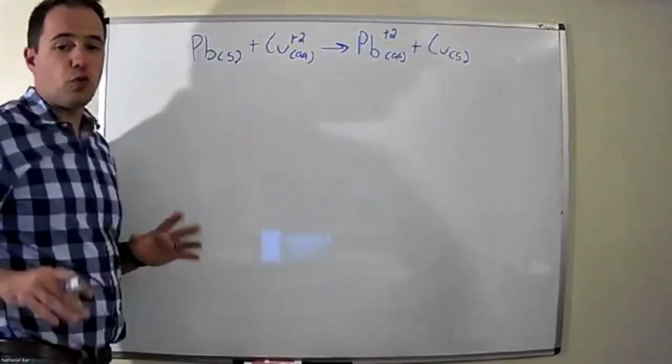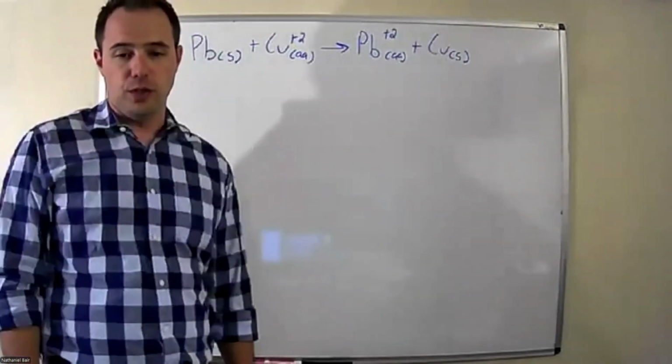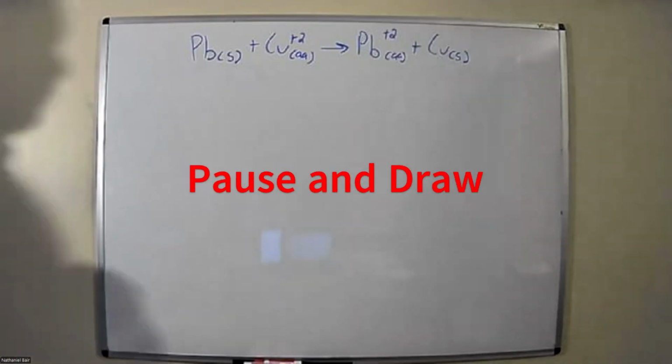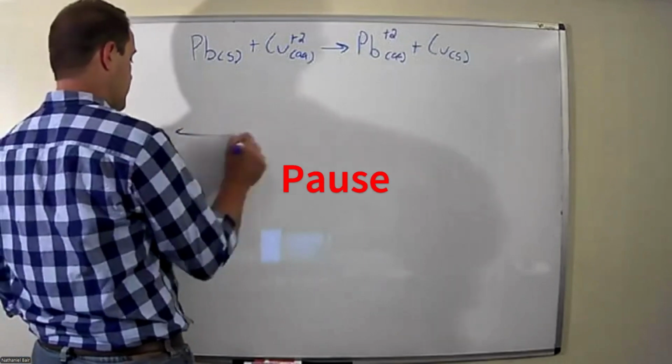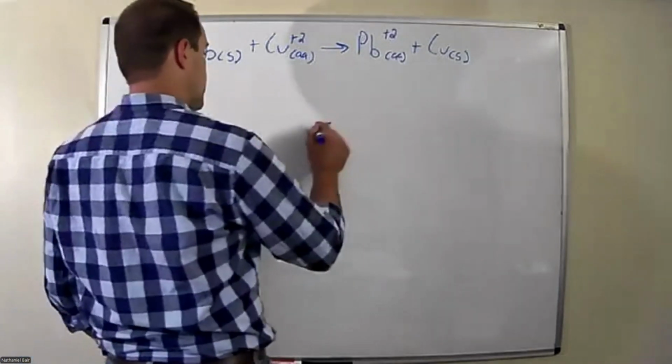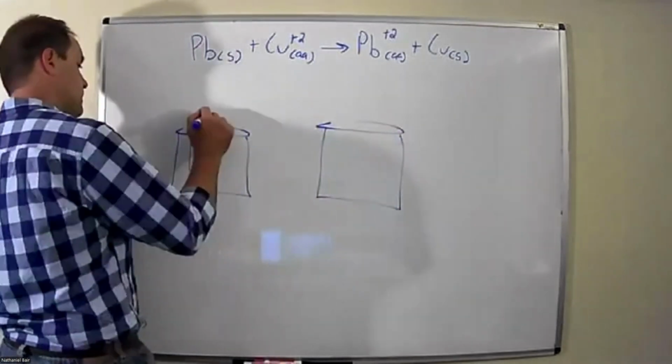All right, I want you to draw the galvanic cell for this battery, and then we'll try to get that voltage. Okay, go ahead. So keep on going. In fact, if you already have it drawn, if you want to try to figure out the voltage, that's cool. That's what we're going to do next.